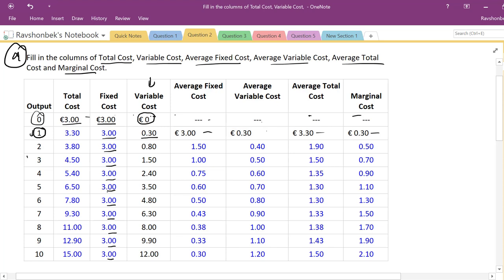It's not changing, whatever amount we produce, it's just fixed. So total cost is then the sum of these two, so it's just plus everywhere. That's 3.30, 3 plus 0.80 is 3.80, 4.50 done, and 6.50 is 3 plus 3.50. And this is just total cost here.